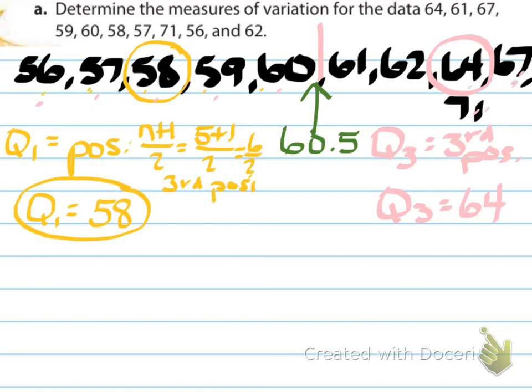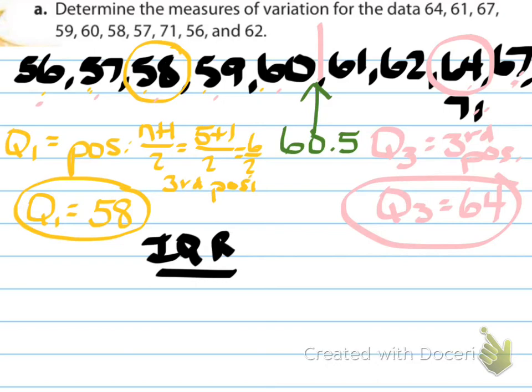So I count backwards from the end, and I get 64 as my third quartile. Now to figure out my interquartile range, I'm just going to subtract my two quartiles, and I get 6 as my IQR, which is a small number, which means that my spread is pretty close together.